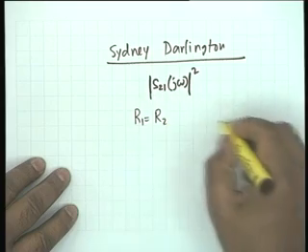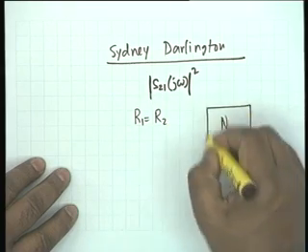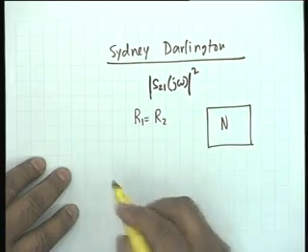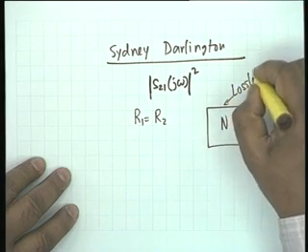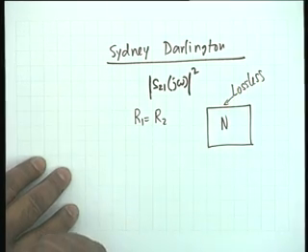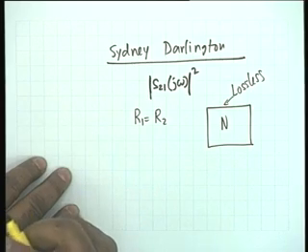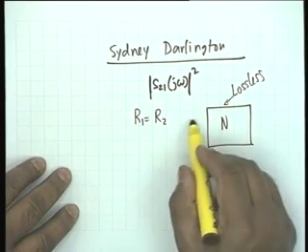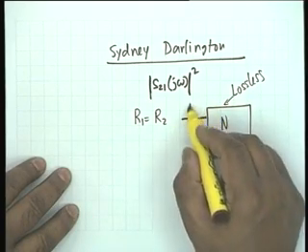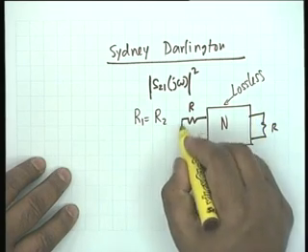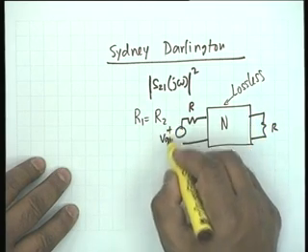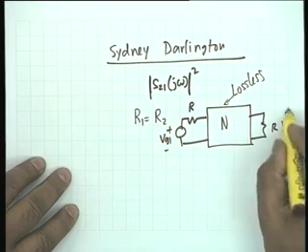That is, our problem is to synthesize a network N, and let us make it lossless. What does that mean? It only contains pure inductors and pure capacitors. R1 equal to R2, so equal terminations. If this is R, this is also R, and this is Vg1 and this is V2.